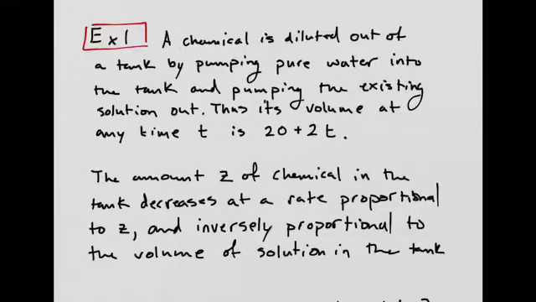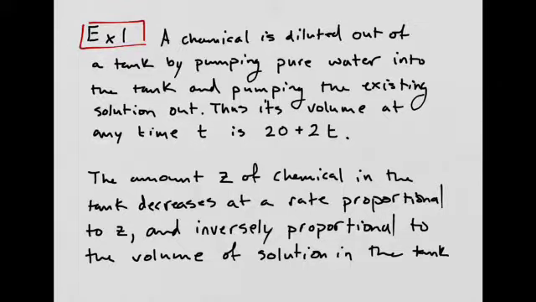So the amount Z of chemical, so Z is the amount of chemical in the tank, decreases. So the amount decreases at a rate proportional to Z and inversely proportional to the volume of the solution in the tank. So here's what I'm thinking.